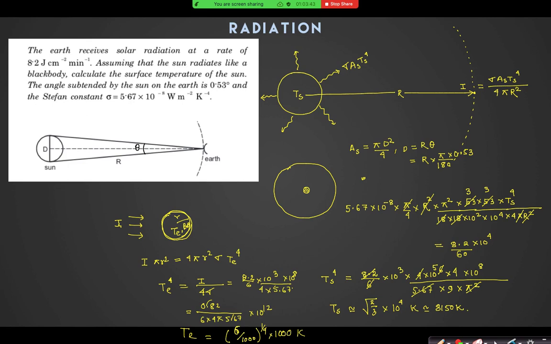Sir, like 5 degrees Celsius it is coming. What is root over of 0.006? One second.